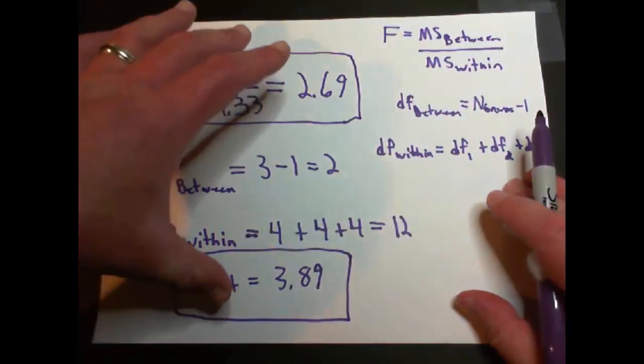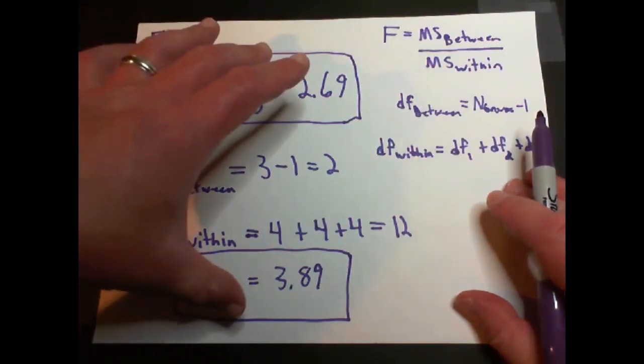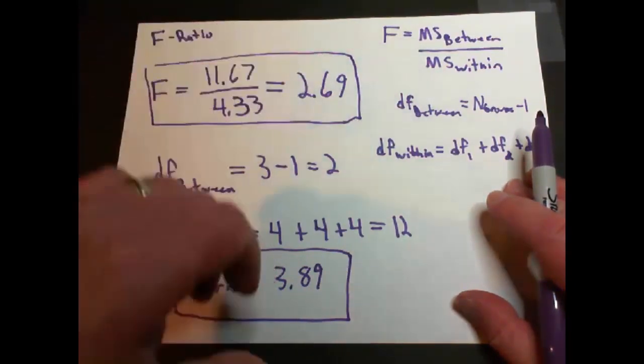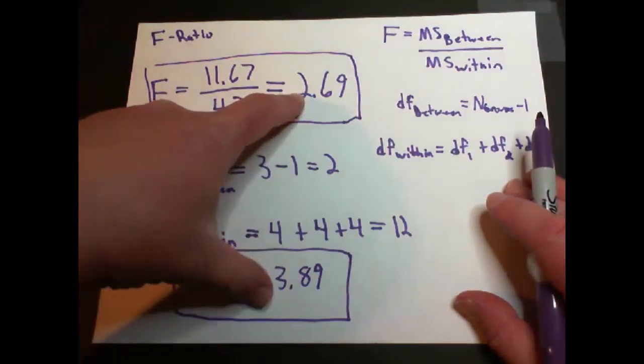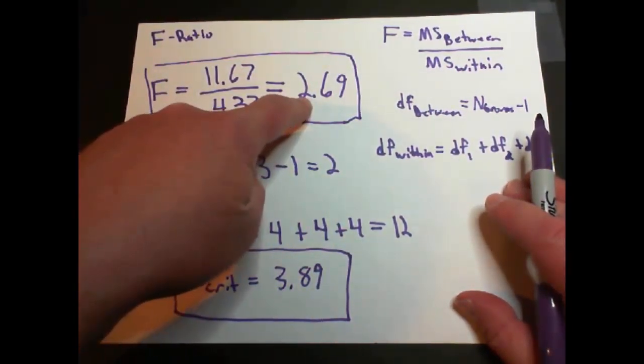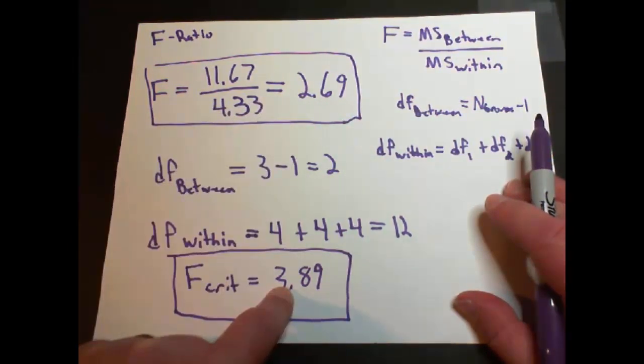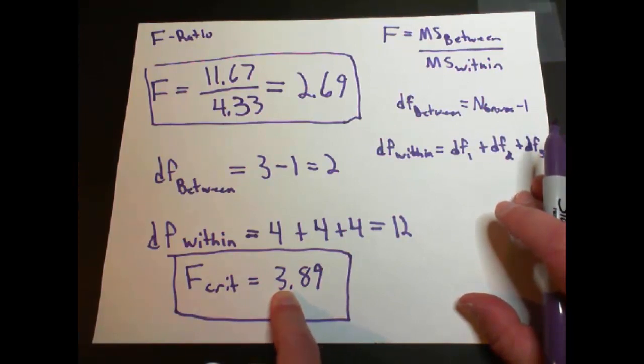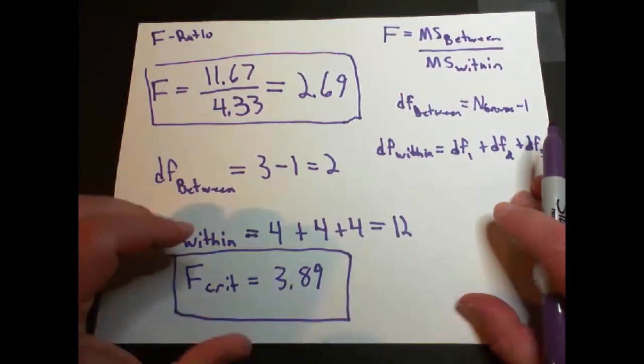If our calculated value exceeds our critical value, we'd have a significant result, but of course we don't. 2.69 is less than 3.89. So it would appear, based on these data, that the type of therapy that people underwent did not have an influence on number of depressive symptoms.